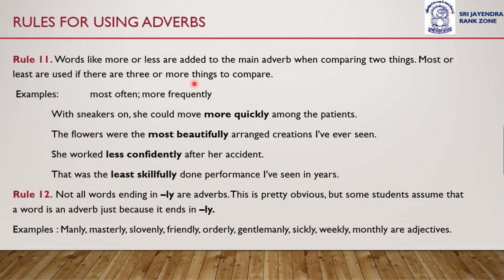"That was the least skillfully done performance I have seen in years." Least skillfully, less confidently, most beautifully, more quickly. These are all adverbs. Words like more or less are added to the main adverb when comparing two things.